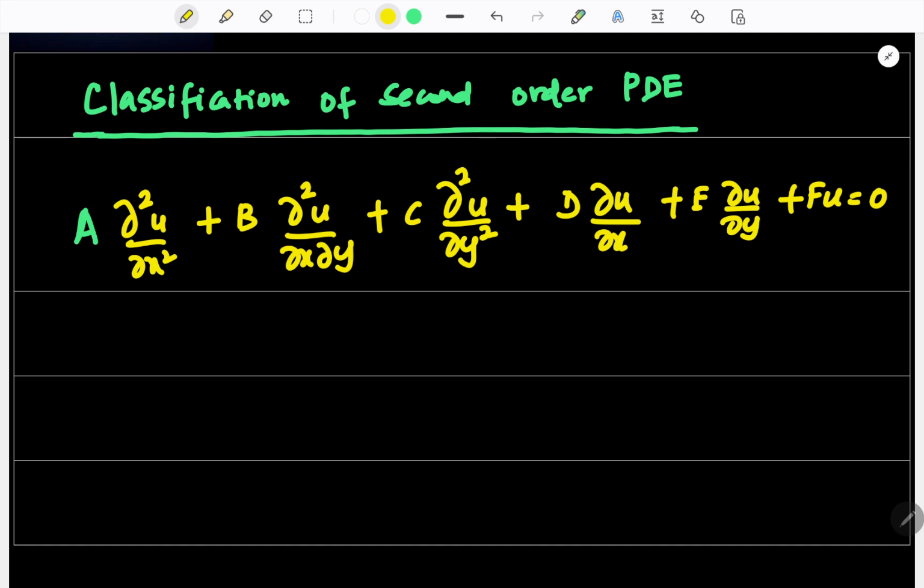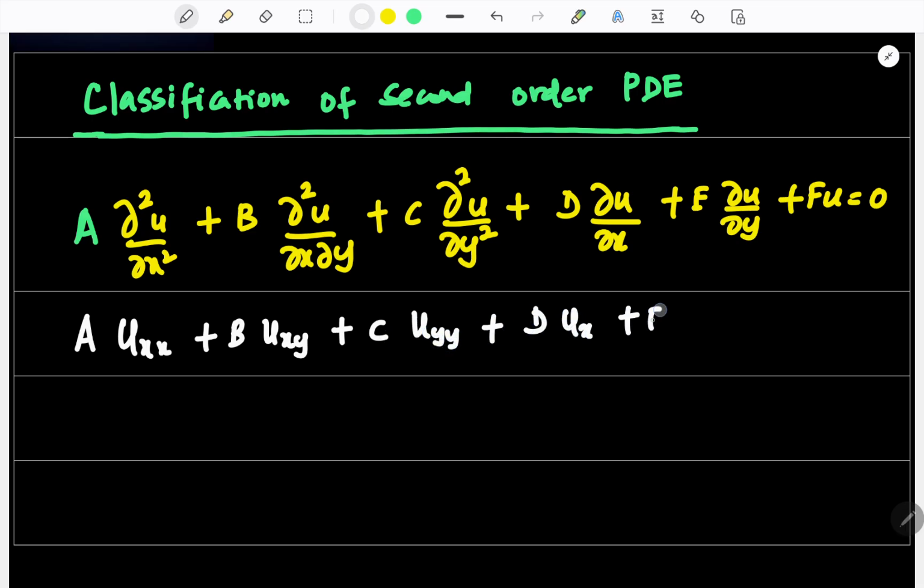Usually you find dou square u by dou x square difficult, so let me write this equation in a different form. It's the same: A uxx plus B uxy plus C uyy plus D ux plus E uy plus F u equal to 0.